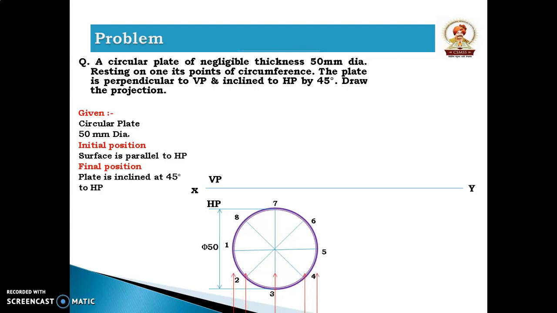Draw its projection on HP and name it 1 dash, 2 dash, 3 dash, 4 dash, 5 dash, 6 dash, 7 dash, 8 dash. It is the initial stage and front view for step number 2.